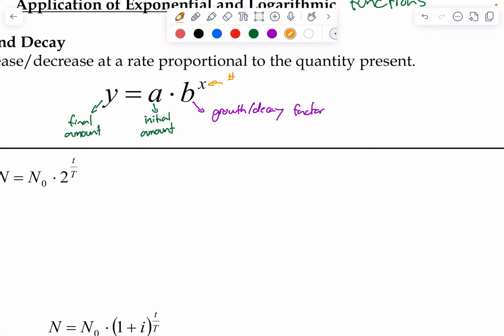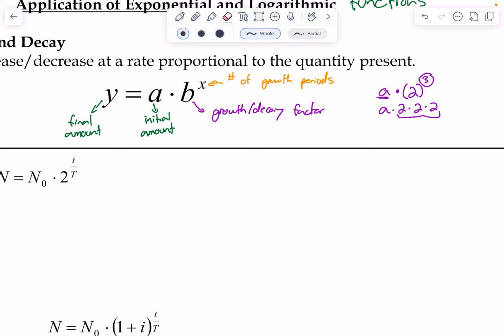So it's the number of growth periods. Right, like if you saw like a problem where it was like 2 to the 3, this means you have some initial amount, A, that is going to be doubled, and then it's going to be doubled again, and then it's going to be doubled again for a total of 3 times, right? So there are 3 growth periods where your amount is doubling.